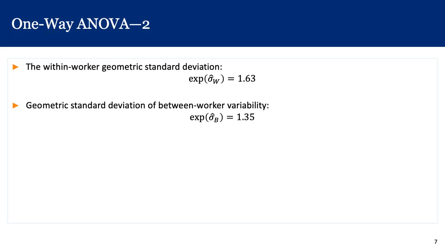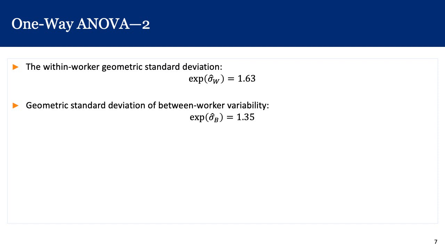The within worker geometric standard deviation is basically the exponent of the within worker standard deviation, and that comes out to be 1.63. And the geometric standard deviation of between worker variability is the exponent of the standard deviation of the between worker variation, and that comes out to be 1.35.